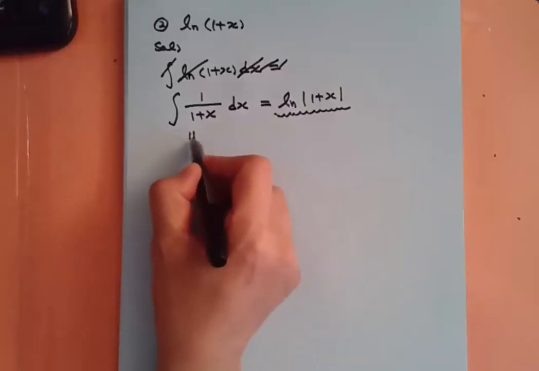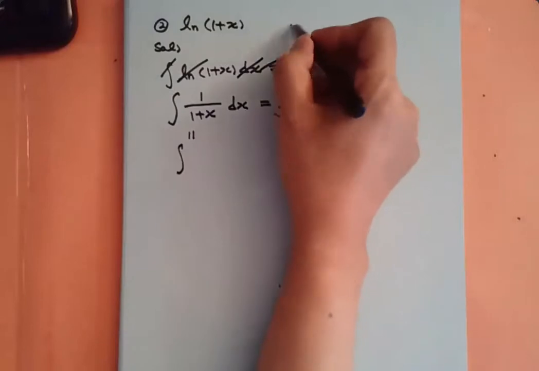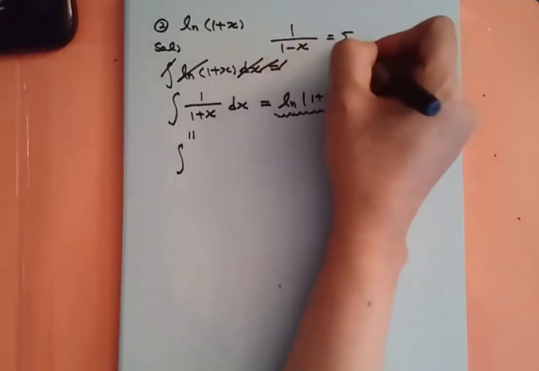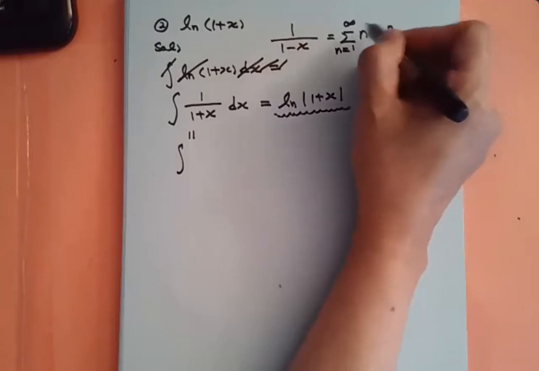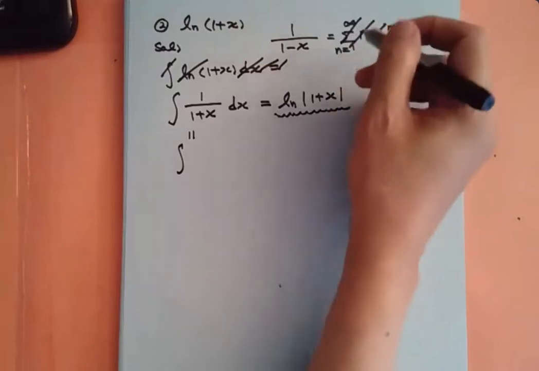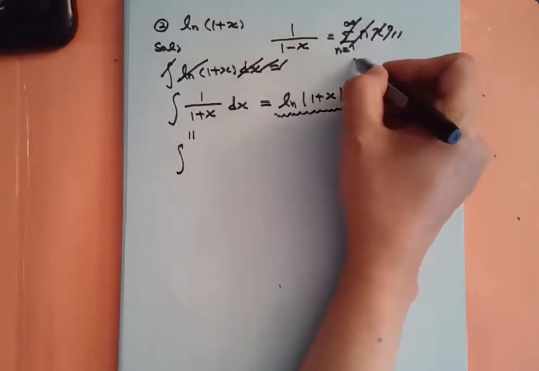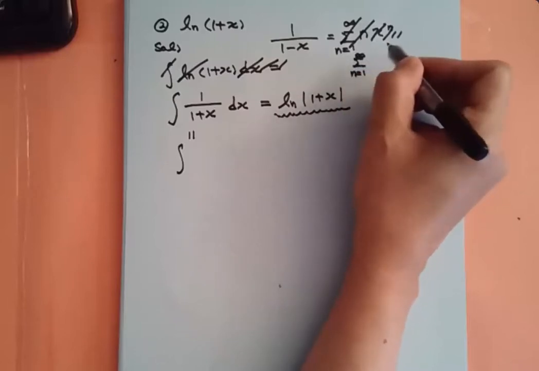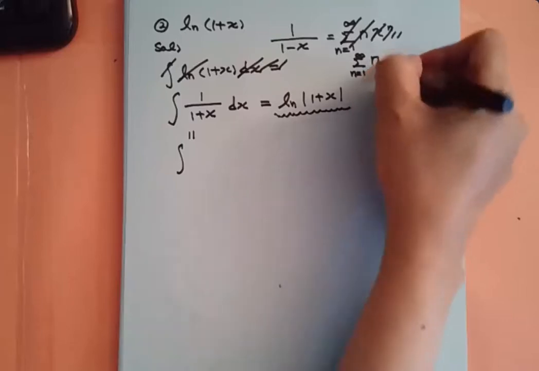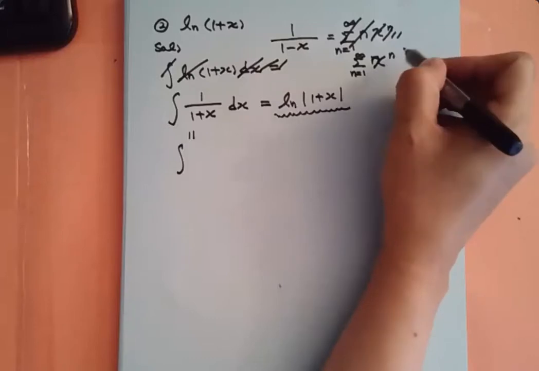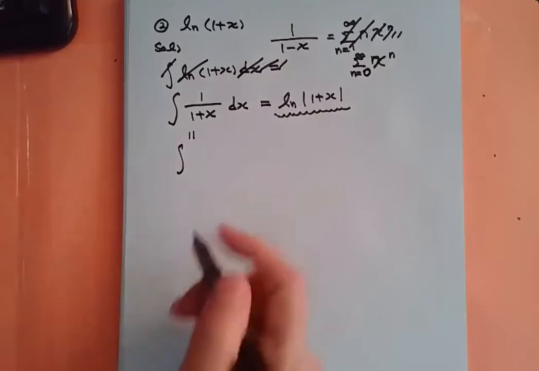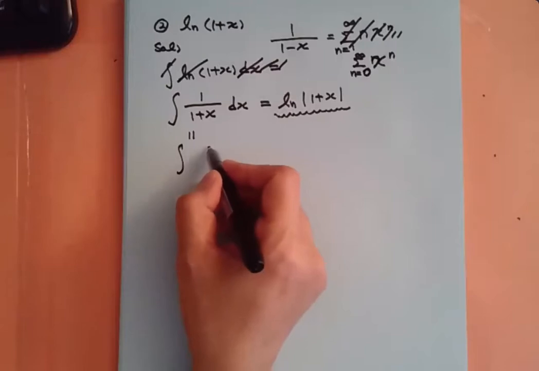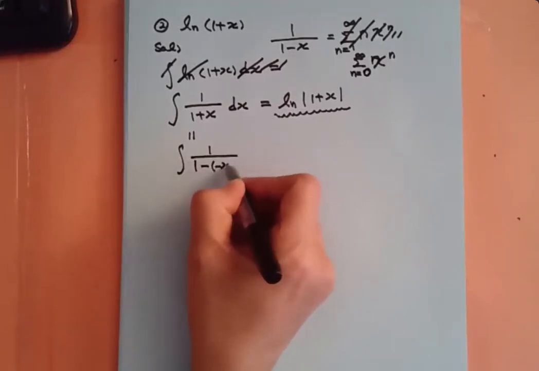So we want to expand this as a power series. To do that, what we remember is that 1 over 1 minus x is the summation from n equals 0 to infinity of x to the n.